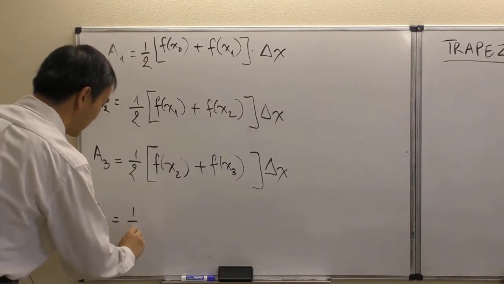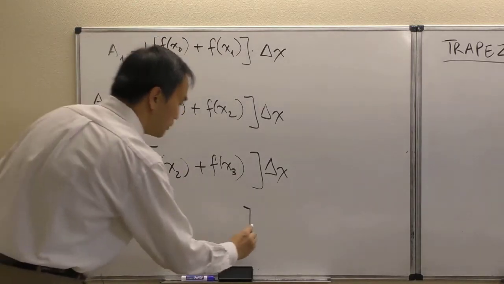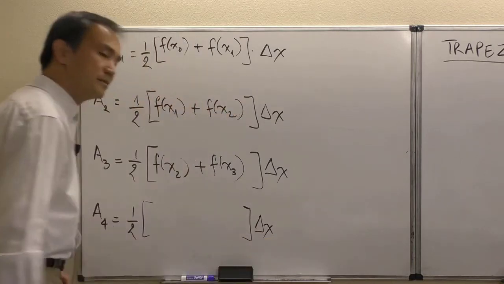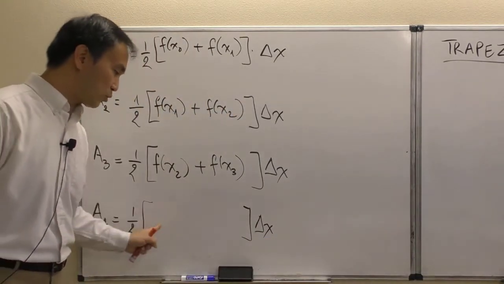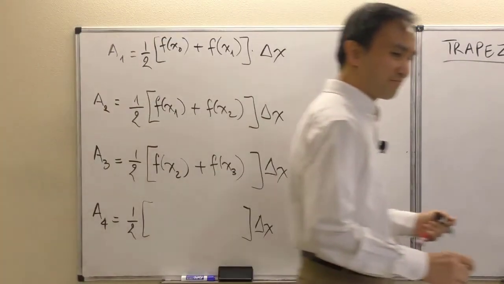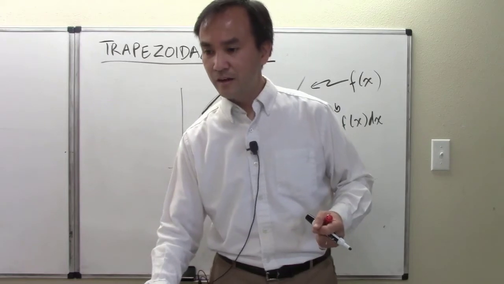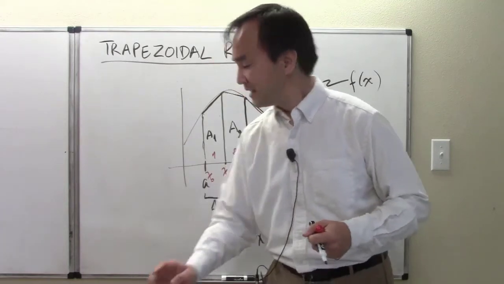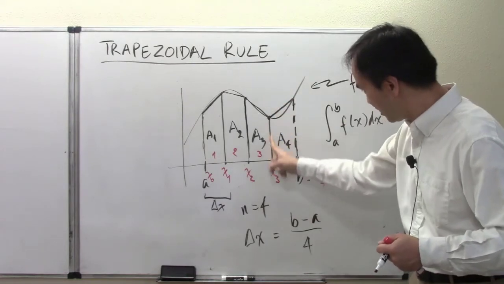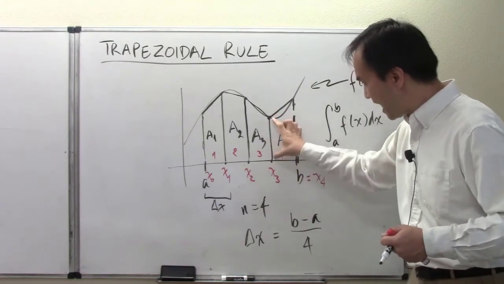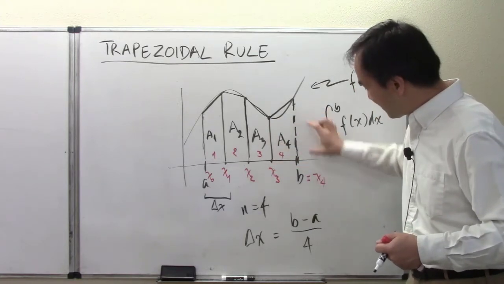All right, so again, it's going to be 1/2 times base 1 plus base 2 times height delta x. Let's now look at the picture to see what base 1 and base 2 are going to be. So for the fourth trapezoid here, base 1 is this line right here, which is the function value at x3, and this is the function value at x4 right here.